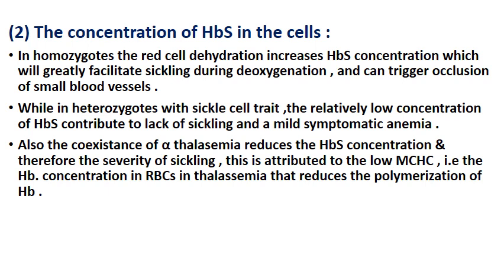So the severity of sickling will become less. And this is attributed to the low MCHC, mean corpuscular hemoglobin concentration. That is to say, the hemoglobin concentration in the RBC in thalassemia reduces the polymerization of hemoglobin S.